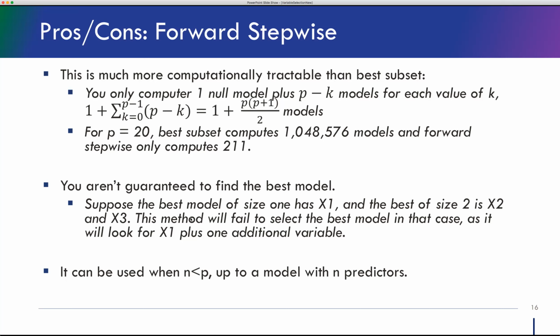So forward stepwise will fail to select the best model in this case, because when you try to find the best model of size 2, it will look for x1 plus 1 additional variable. It will definitely have x1 in it already. Okay, so stepwise selection is not guaranteed to find the best model.